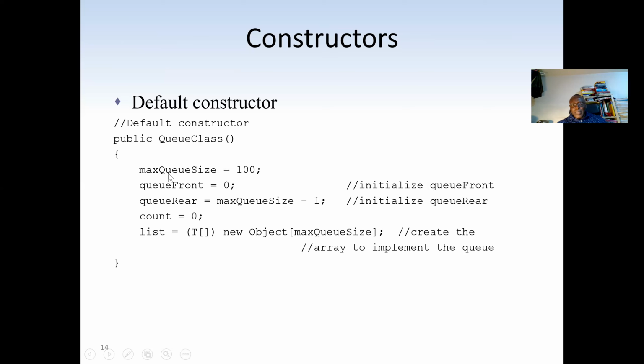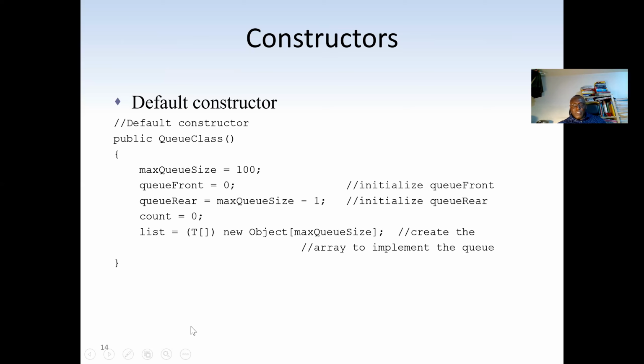The max queue size instance variable is just to indicate the size of the array. So when we declare the size of the array, instead of writing 100, we wrote max queue size. This will create the array to implement the queue. We are using T generics, which means anytime we create an object, we can specify the data type.